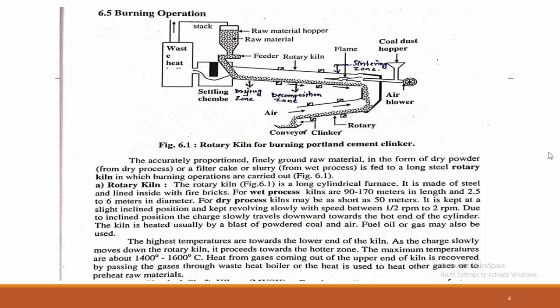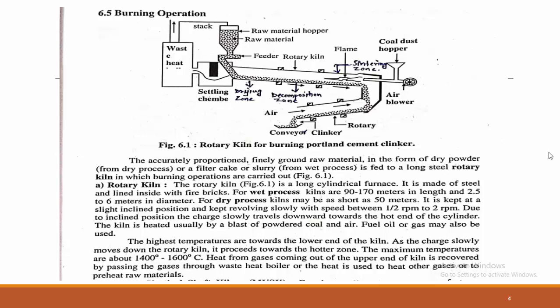The temperature at the lower side is very high. We can see the burner in the figure: raw material is fed from the left hand side, and at the lower end of the cylinder the burner is kept, where the highest temperatures are toward the lower end of the kiln.